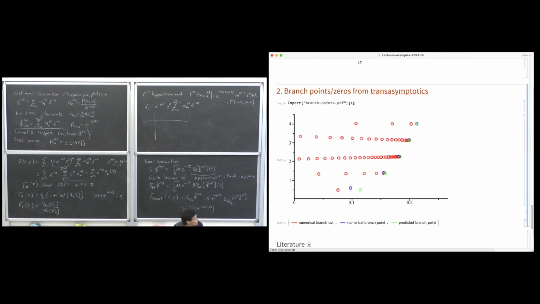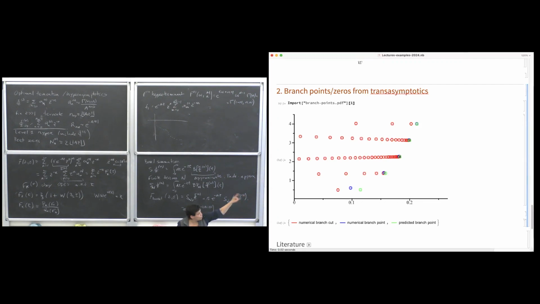The red circles are numerical calculations of the branch cuts. So you basically do a Pade approximant, you check where the poles of the numerical solution of the ODE are, and you find these branch cuts.